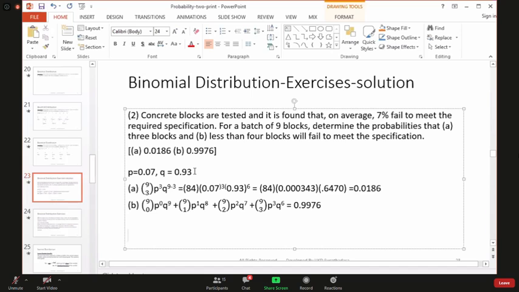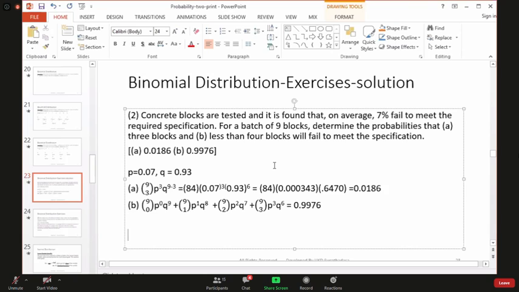Remember, if you select 9 blocks, how many outcomes are there? It is something like tossing a coin 9 times. Either fail or not fail. If you have 9 blocks, 2 to the power 9 means 512 outcomes are there. Can you write 512 outcomes? That's why you use these theories. If you have some common sense, you'll be able to understand what I am telling.